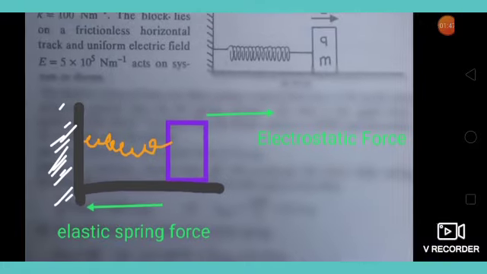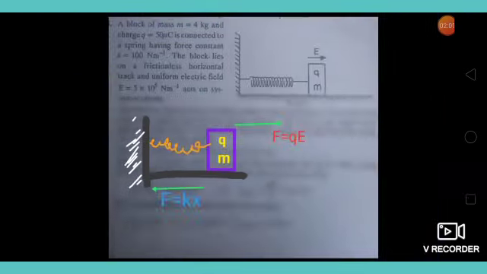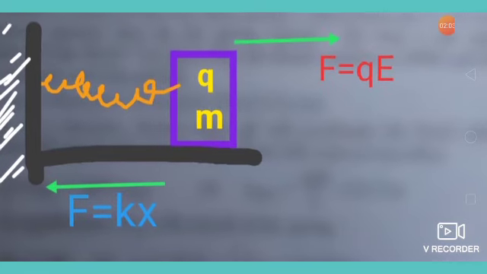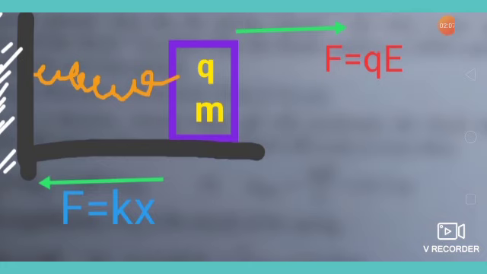Now the block at x = x0 is the mean position. Because of the electrostatic force F = qE, the block is moving towards the x direction, and due to the extension x of the spring, the spring force is acting towards minus x, the left, while the electrostatic force acts towards the right.